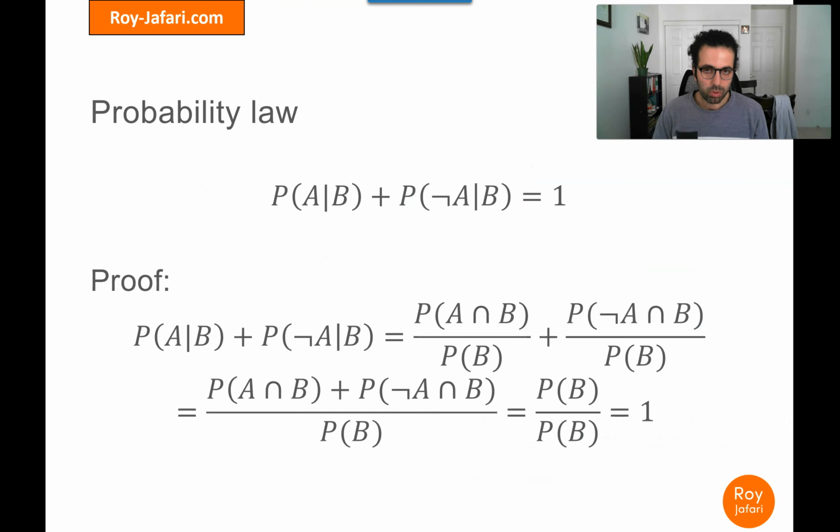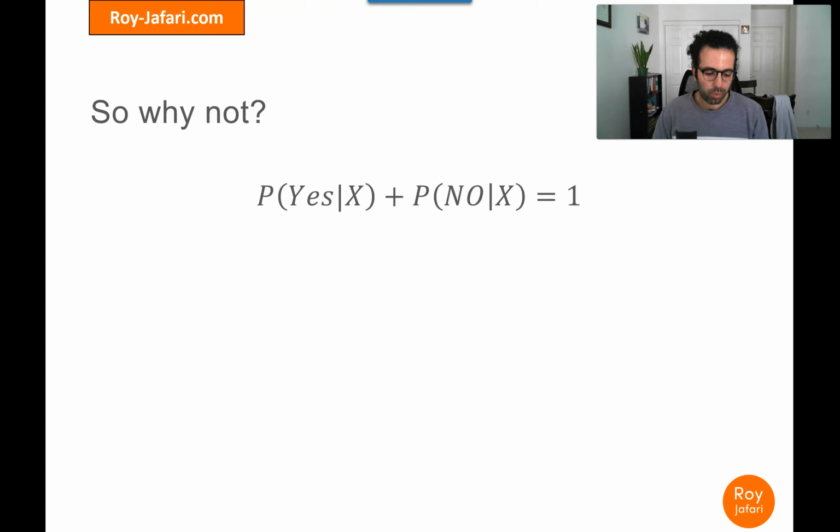We do know that there is a probability law that the probability of A given B plus the probability of the negation of A given B is equal to 1, which makes sense, right? But why, when we calculate the probability of yes given X plus the probability of no given X, where no is the negation of yes, it's either yes or no, why was this not equal to 1?